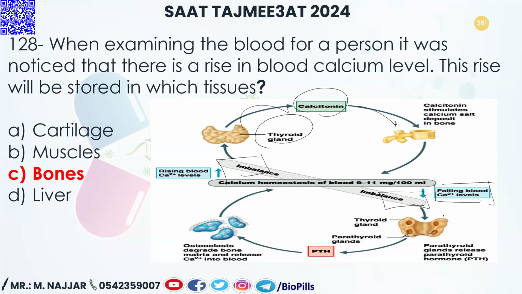Then the order will go to the parathyroid to secrete PTH, or parathyroid hormone, that will circulate all over the body till reaching the osteoclasts to start breaking down the worn out bone cells in order to release calcium into the blood, returning the blood calcium level to normal to maintain the homeostasis of calcium. This process is called the negative feedback mechanism.